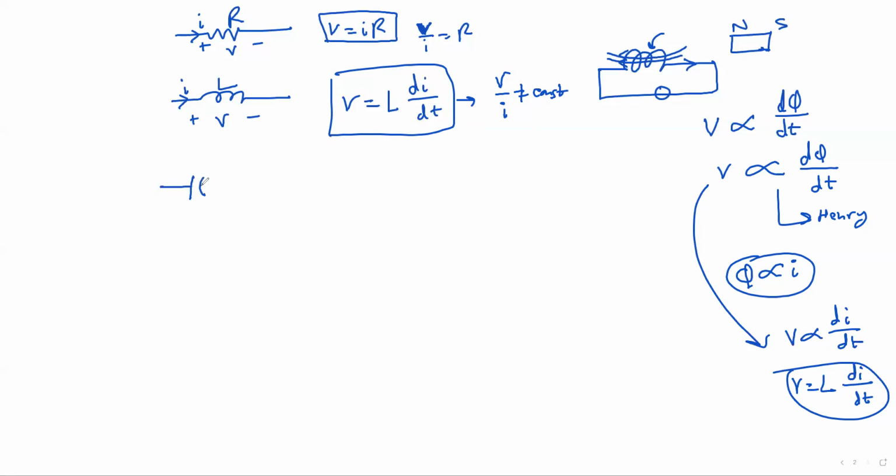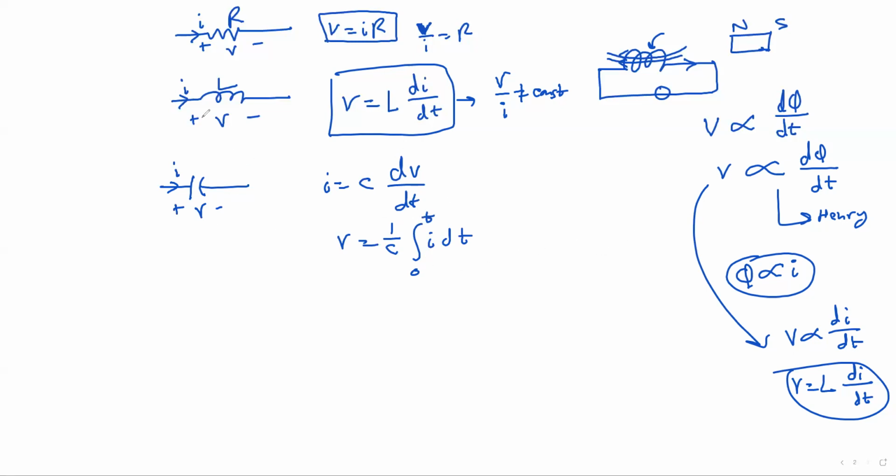Similar can be said for capacitance. If the current through is I, the voltage across is V, they have a relation which can be developed in a similar manner, from physics, of course. I is equal to C dV by dt. So V is just 1 over C integral of I dt within a suitable limit, probably from 0 to t.